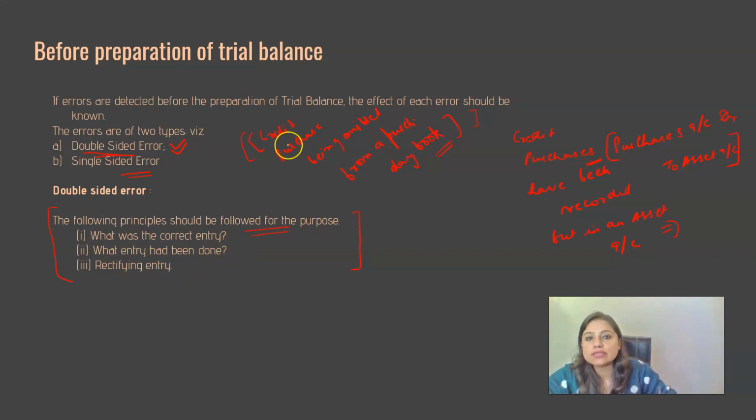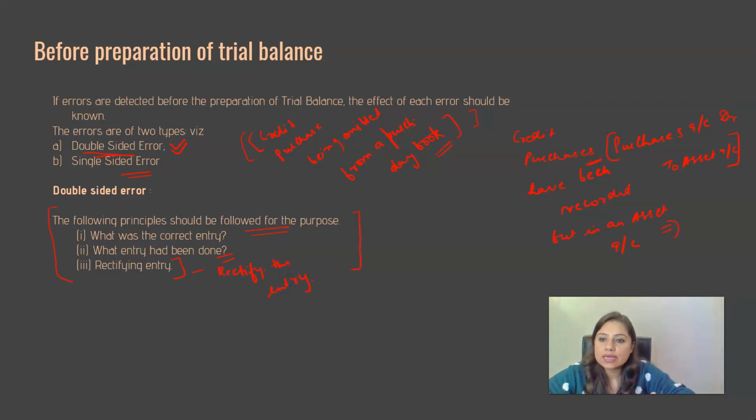Also, like in this case, the entry had been completely omitted. There could be instances where an incorrect entry has been done and the impact has not been recorded in both accounts, neither the debit account nor the credit account. And then after analyzing the wrong entry, we would pass on the rectifying entry in order to bring the correct impact.